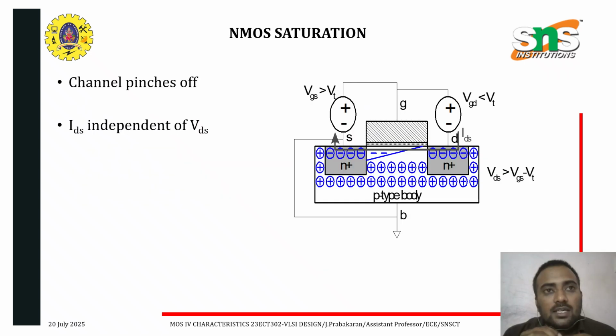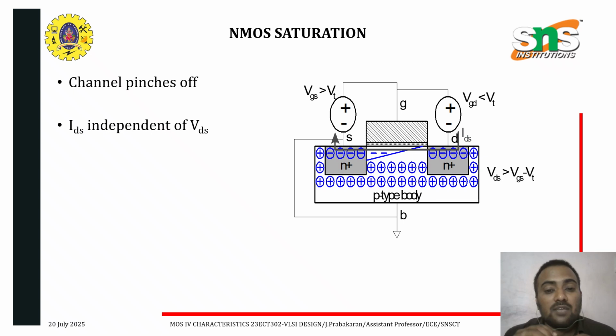Next is current flow in NMOS saturation region. Here we have two conditions: VGS greater than VT and VGD less than VT, which means gate source voltage greater than threshold voltage, gate drain voltage lesser than VT. At this point, channel pinch off will occur.